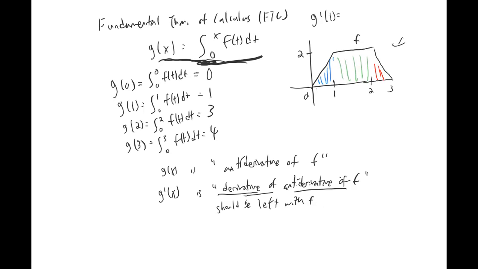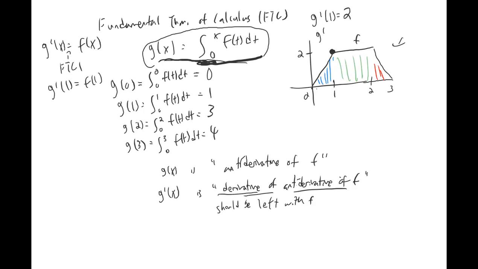If you just look at this equation right here, what is G prime of x using FTC1? You just plug in x for t, kind of like the ln thing. So same thing here, this is F of x. So G prime of 1 is F of 1. And F of 1, if you just look, it's 2.